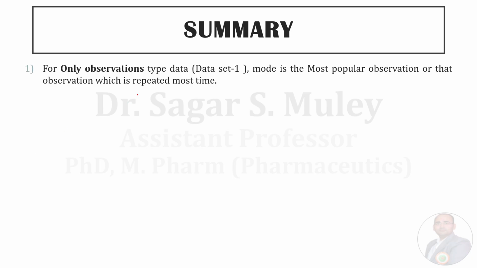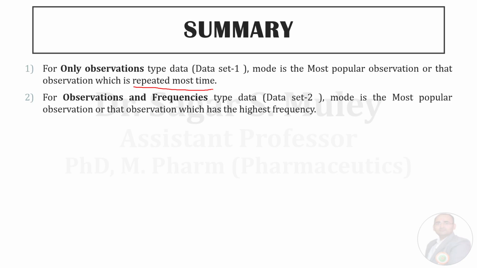When dataset 1 is given, in that case you only have to observe which value or which observation is repeated more times. The observation or value that is repeated the most is our mode. In case of second type dataset, which is observation and frequencies, we have to see the observation whose frequency is the highest. The observation which has the highest frequency is mode.